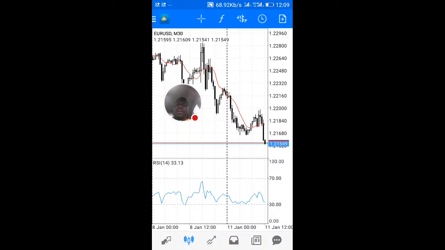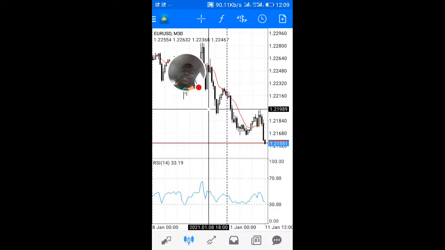Because if you can check, this trade moved from 21,989, and it was selling from there. And then you can decide to say, yes, I want to place a trade now at 21,551. It is a bad decision.